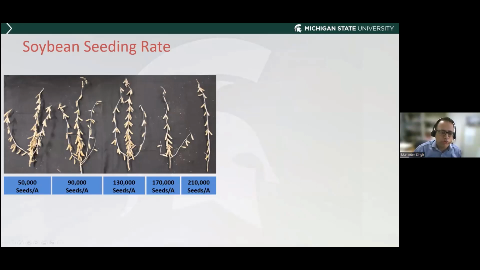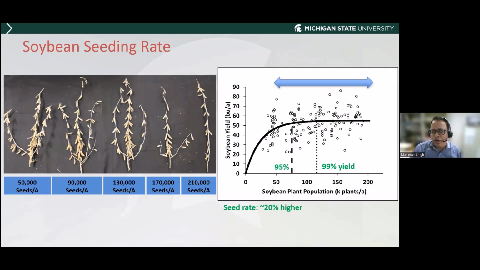As we go to relatively lower seeding rates, the plant is able to branch out and compensate for a smaller number of plants per unit area, right? And that leads to this relative plateau, what we call an exponential decline equation, where you can see after we reach somewhere around 60,000 plants or so, we reach this plateau and we sort of stay there. And it takes a lot of extra plants to go from 95 to 99% yield potential.